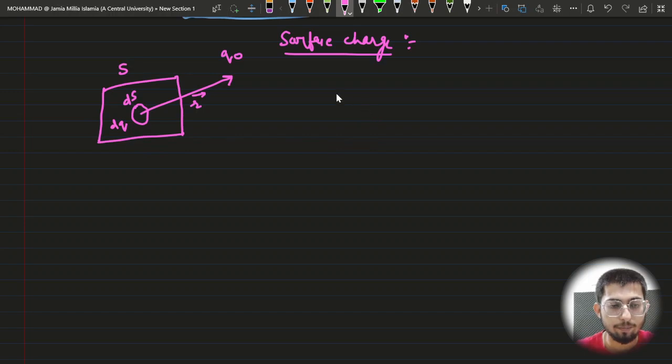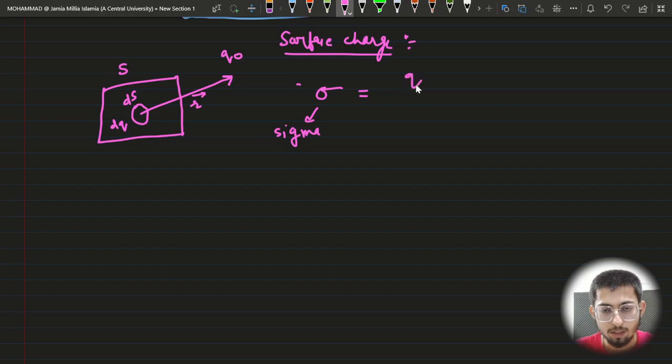But charge density in this case is not rho. It is given by another symbol, sigma. It's just the notation used to denote the surface charge density, right? So surface charge density would be what? Charge per unit area.